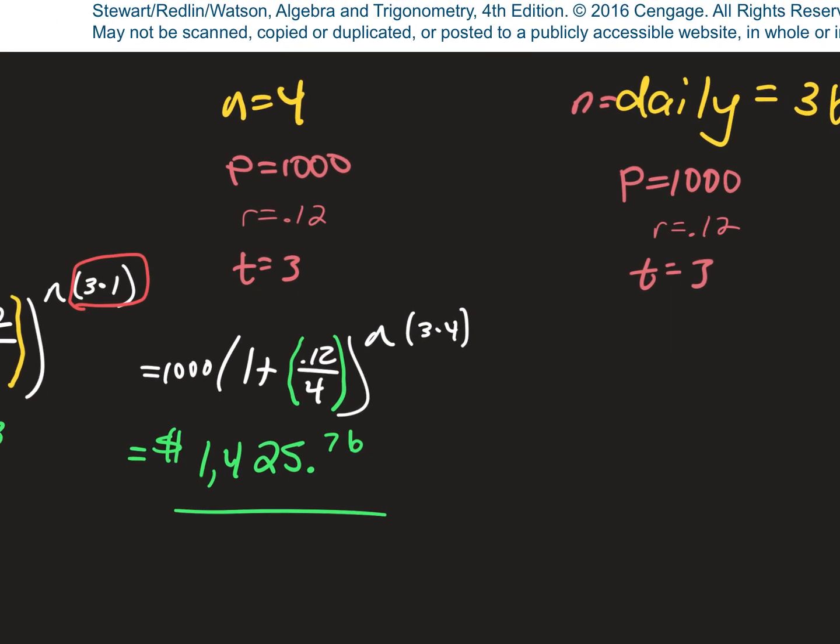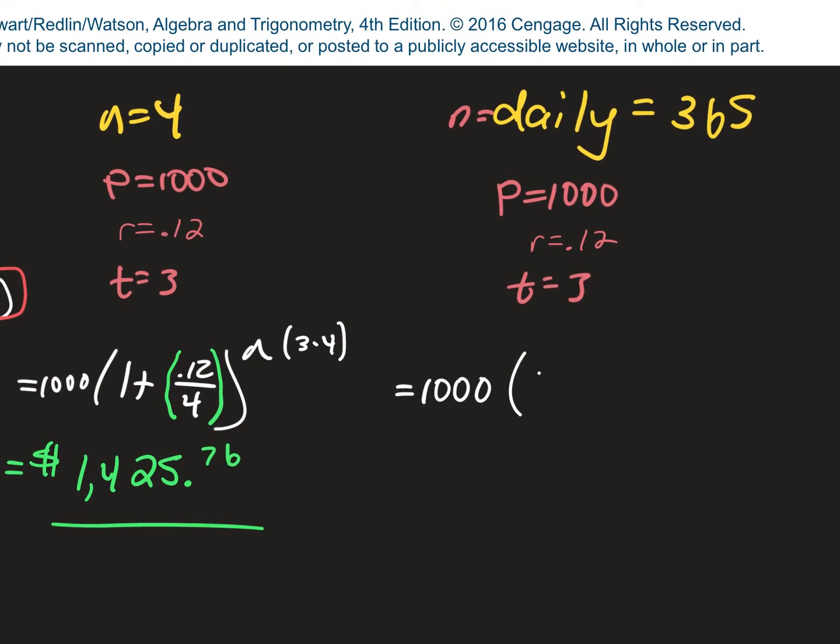We're going to do the exact same thing, same amount of money that we're putting in, same interest rate, same time period. But now, how are we compounding our money? Daily. So for n, I'm going to plug in 365. So I have 1 plus 0.12 divided by 365, and I'm going to raise that to the 365 times 3 power.